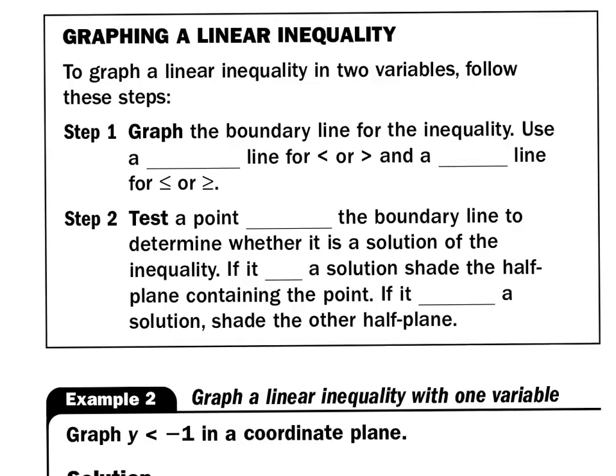Graphing a linear inequality. To graph these, you graph the boundary line for the inequality. And we're going to use a dashed line for less than or greater than, and a solid line for greater than or equal to, or less than or equal to.